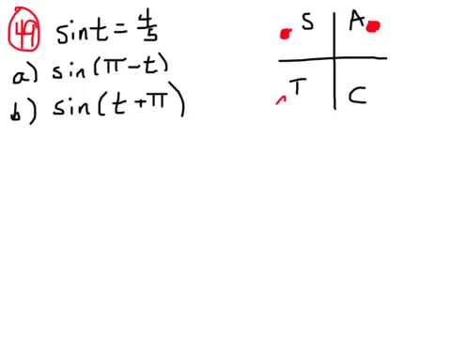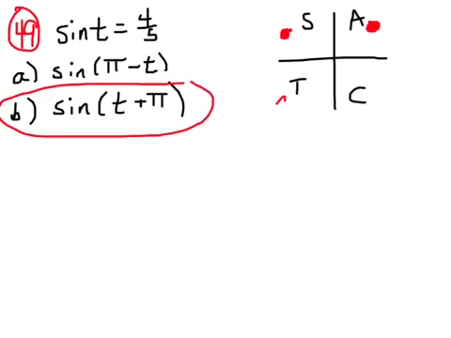Now, what they want me to do here is look at both cases. What would happen if I have a positive sine? Let me start with B first because the B part is easier than the A part in my opinion. Let's say I'm in quadrant 1. If I were to add pi, that would be going halfway around the circle.